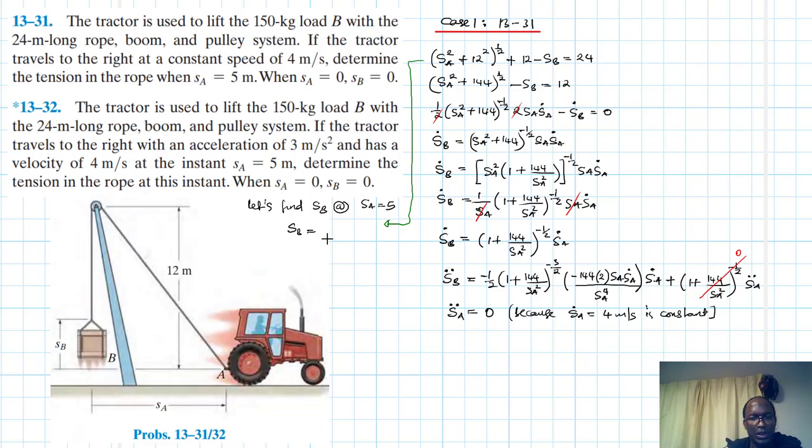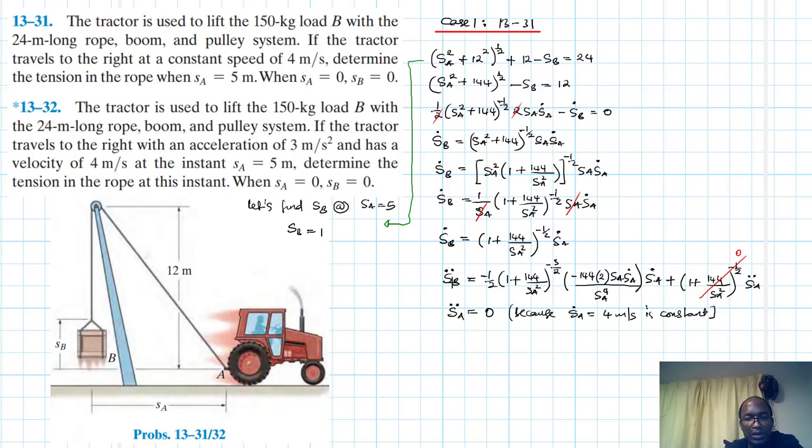So this is just going to be equal to 1. So 5 squared plus 12 squared, square root of that, plus 12 minus 24, that's SB. Alright, so we have SB.